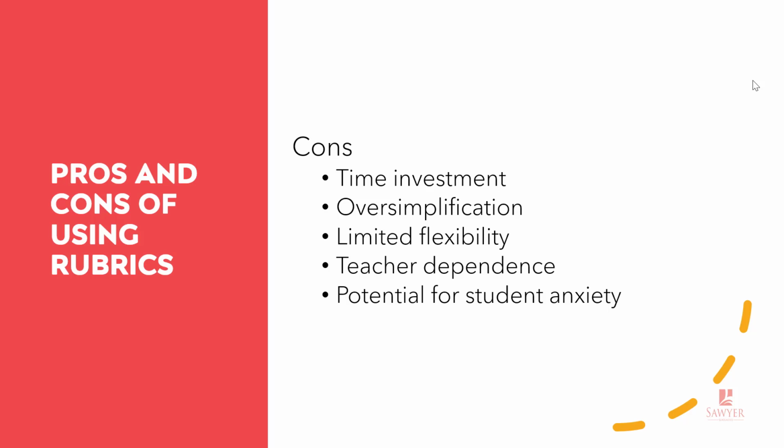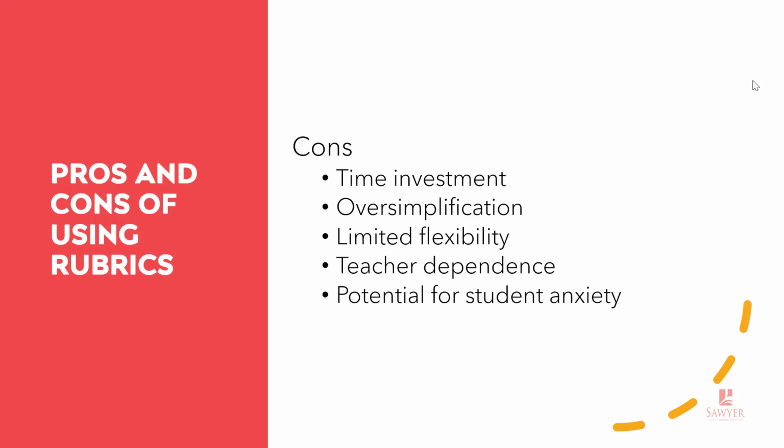So sometimes teachers become too dependent on just saying, no, the kid belongs in this box right here. Well, even though we're making tables and putting descriptors in boxes, we don't want to put the kids in a box. Okay, so be careful with that.